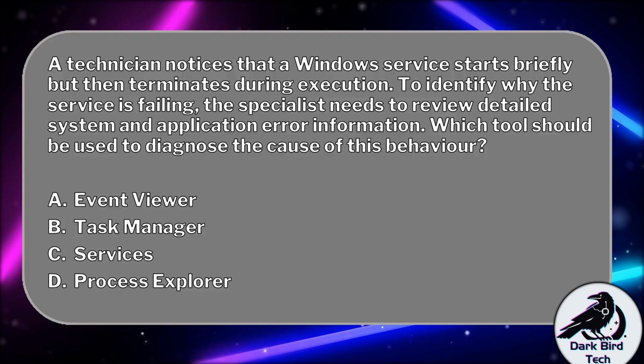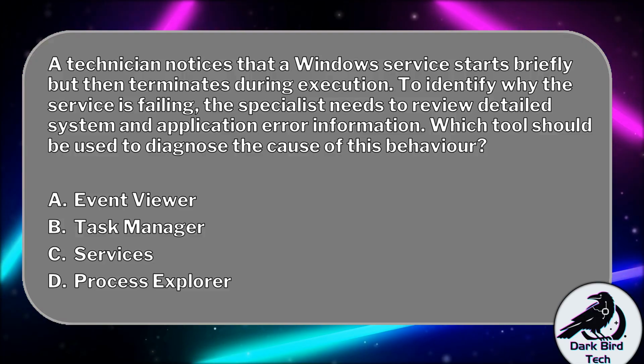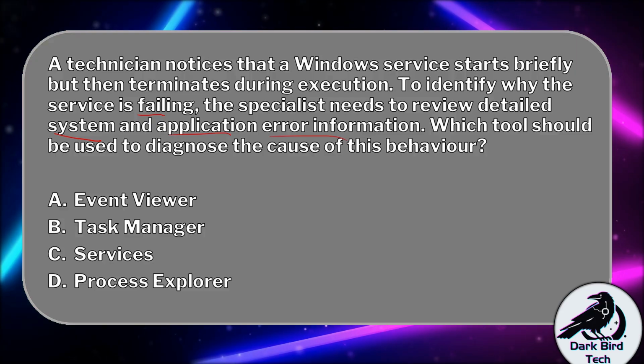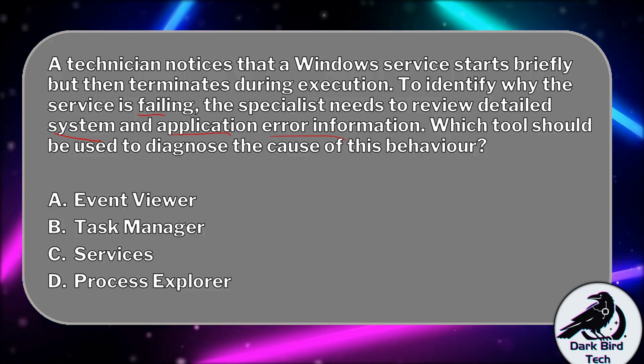Let's look at the question before we look at all the options again. We want to identify the service that's failing, and we want to see detailed information about the system and the applications and any error information that they might be presenting us, which when you're troubleshooting a failing service can be very, very useful.